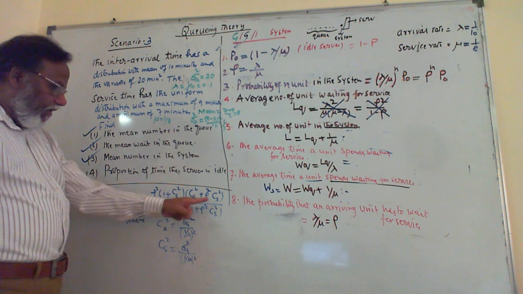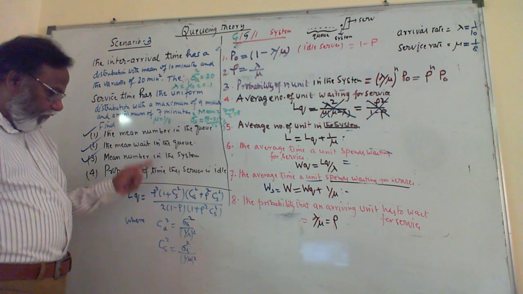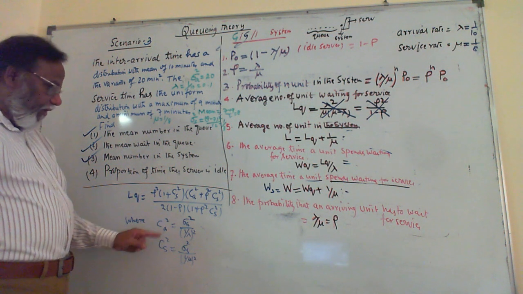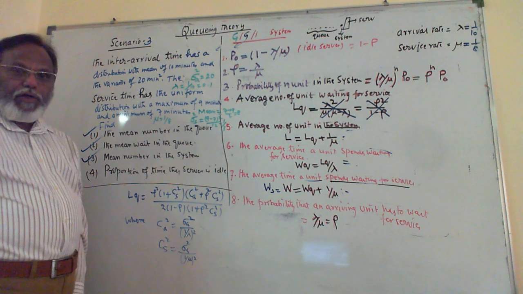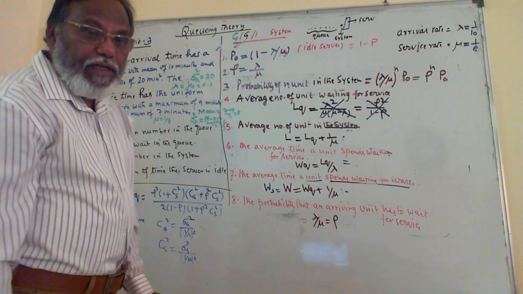All the other things are known values: rho, CS squared, CA squared. So I can find the queue length in this question.